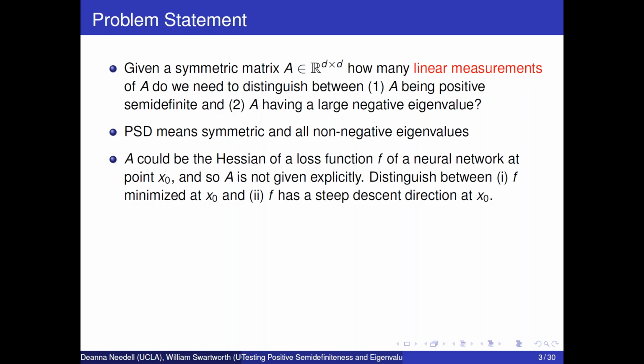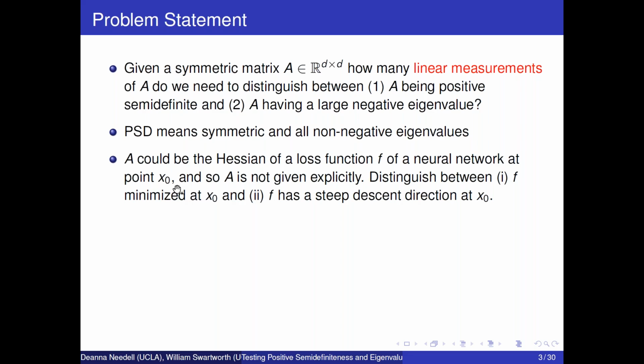Let me give you an example why we might care about this problem, in terms of trying to access A implicitly through what I'm going to call linear measurements. A could, for example, be the Hessian of a loss function f of a neural network evaluated at some point x0. A is not given explicitly, and it'd be very expensive to form the entire Hessian matrix of a large neural network.